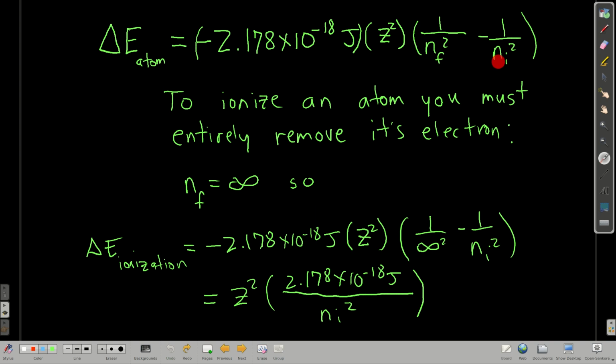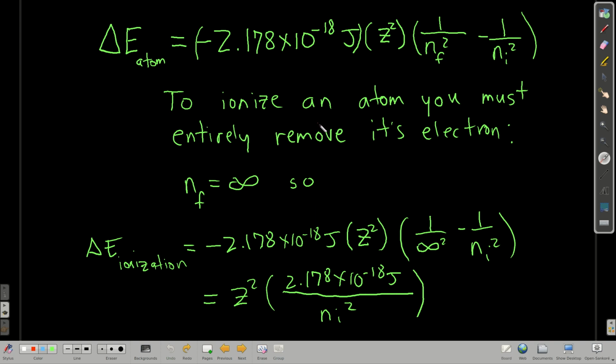Remember, these n's can only be integers: 1, 2, 3, 4, 5, etc. And so the change in energy of an electron in an atom is negative 2.178 times 10 to the minus 18th joules times Z squared times 1 over n final squared minus 1 over n initial squared. Memorize this equation. Put it on your card. You will need it. Remember, if it's hydrogen, Z is 1. If it's a hydrogen-like atom, then Z is the number of protons in the atom.